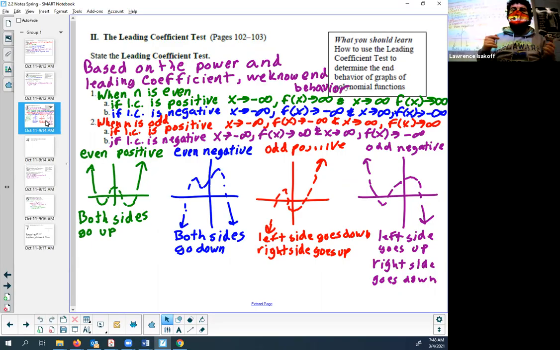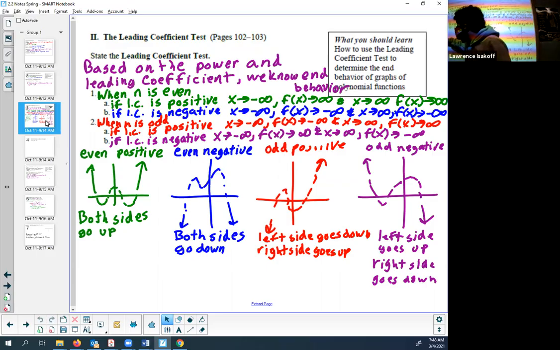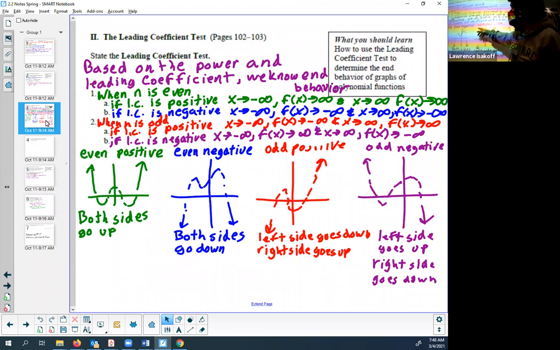If you think about it, our normal quadratics, if it's a positive in front, it's that U shape pointing upwards, right? That's all this is. It can get a little funky in the middle and be twisty and turny, but the ends I know will go up. Now, if I put a negative in front of it, usually if it's a positive, it goes this way. If it's a negative, it flips down.